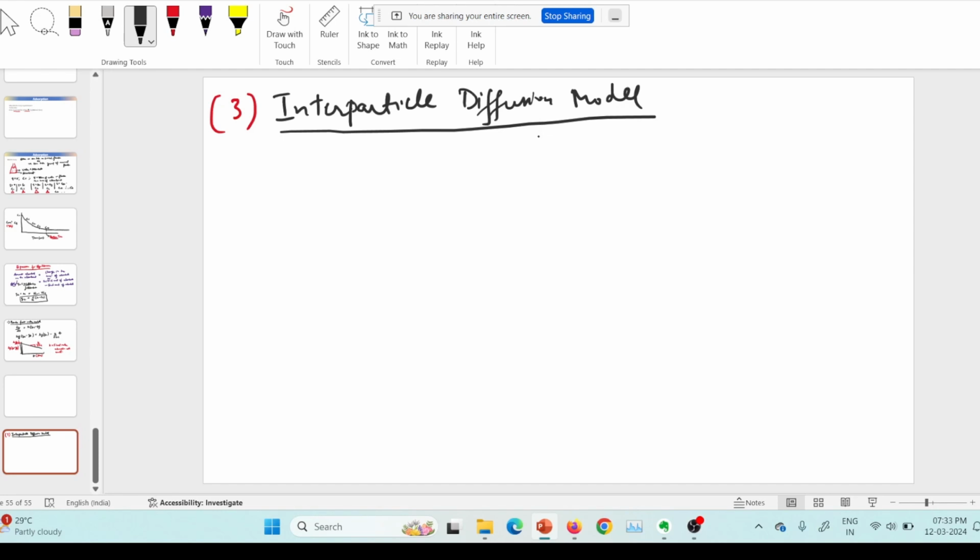So when pore diffusion is the rate limiting step, then we use this model.